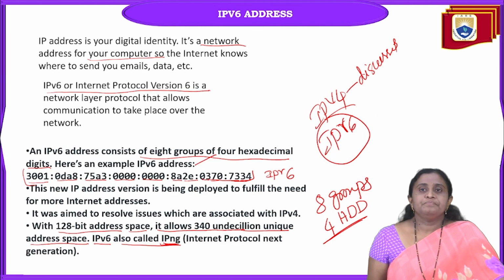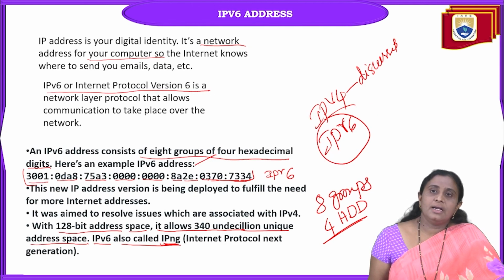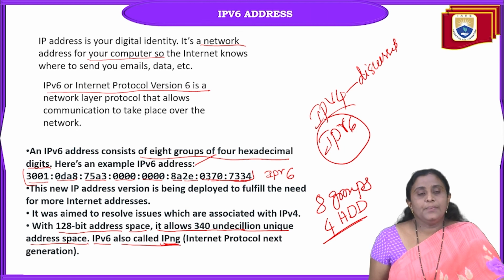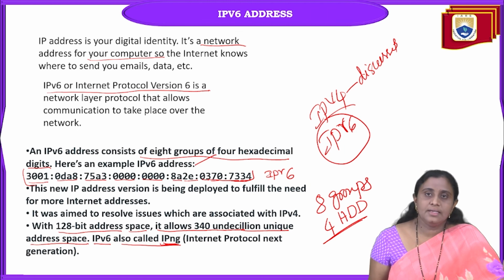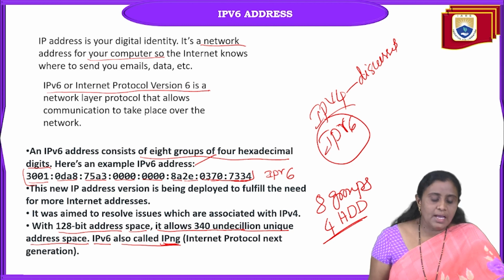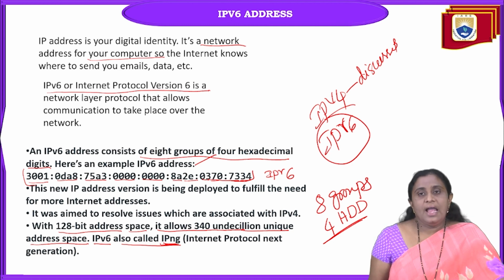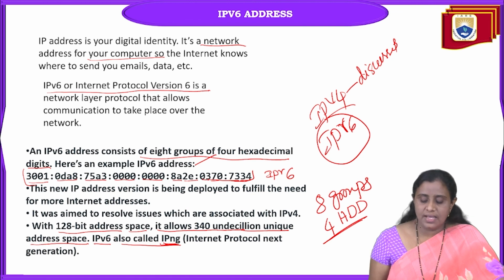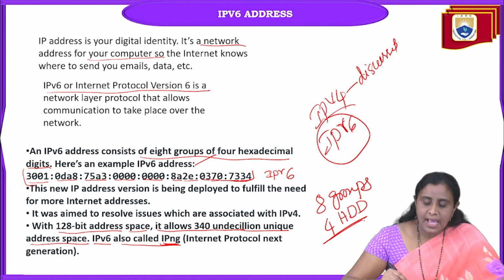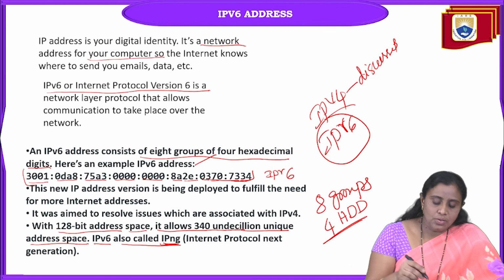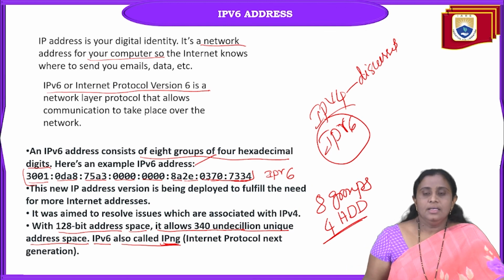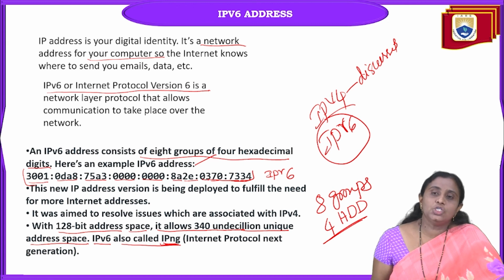And after that, mainly the IP addresses, and IPv6 or Internet Protocol version 6 is a network layer protocol which allows communication to take place over the network. So again, coming to this, an IPv6 address consists of 8 groups of 4 hexadecimal digits according to the given example, and the new IP address version aims to resolve the issues which are associated with IPv4.